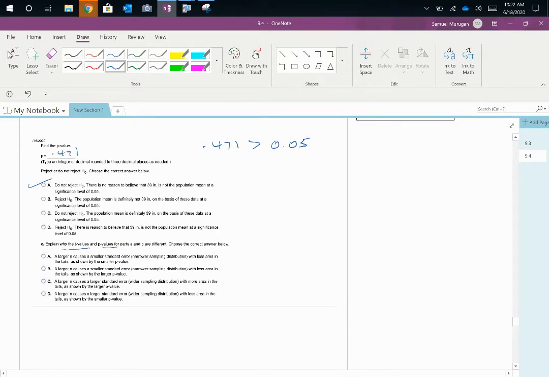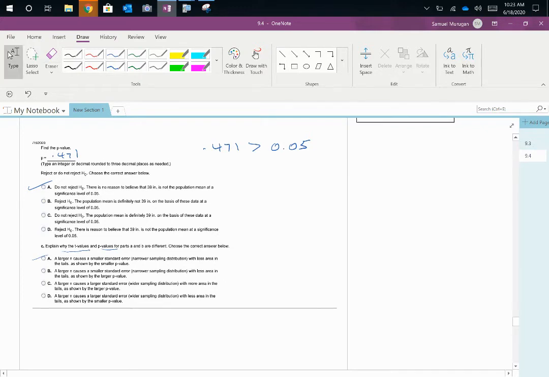So the answer for this is kind of obvious. A larger sample size causes a smaller standard error, narrowing the sampling distribution. Remember that little slide I showed you with how they calculated it? With less area in the tails as shown in the smaller p-value.